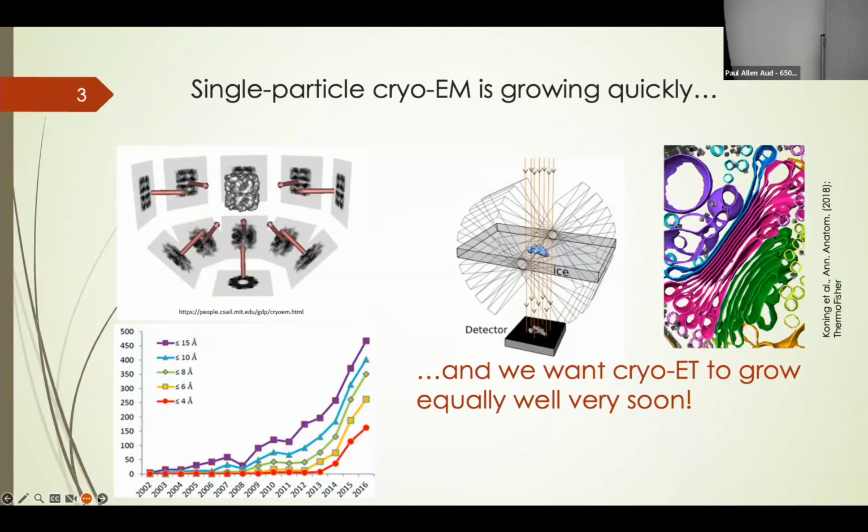So there are two basic applications in molecular and cell biology. The first one is single particle cryo-electron microscopy. That means you purify a specimen. Now you have a bunch of molecules, all of the same type in a specimen, and you freeze them at the temperature of liquid nitrogen.